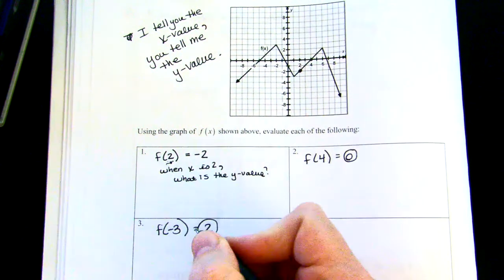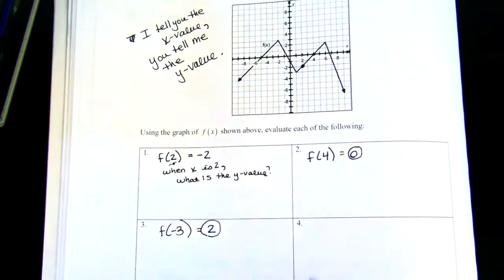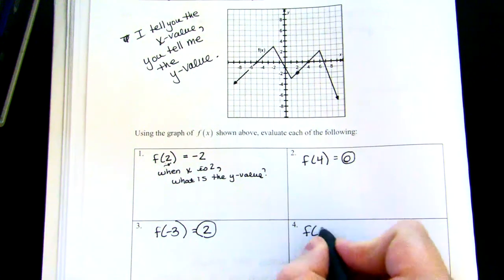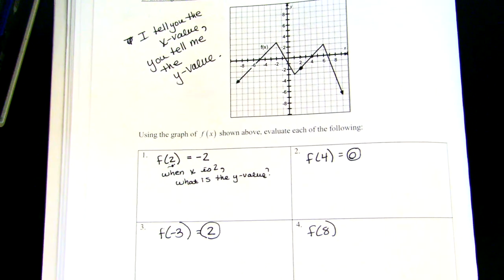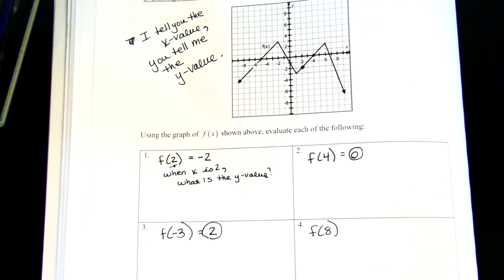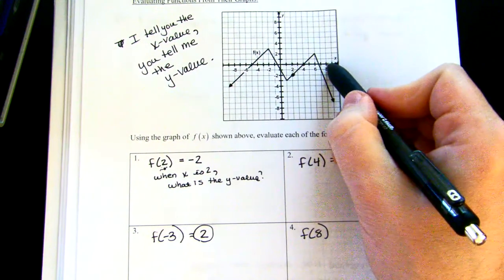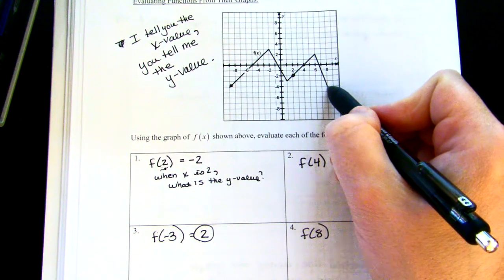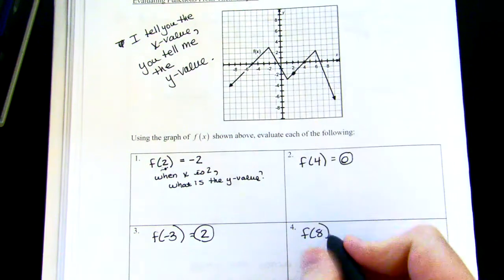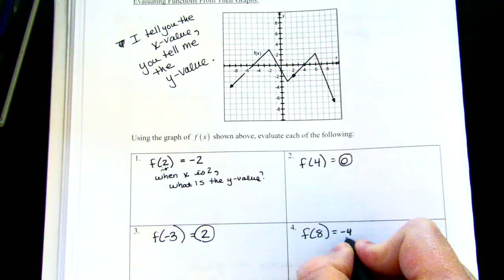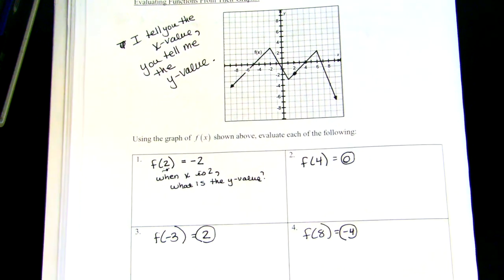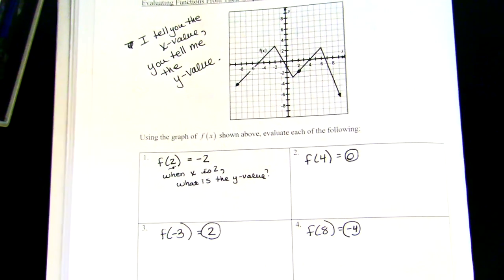F of negative 3 is 2. See if you can find f of 8. F of 8 means 8 is our x value, our y value, looking like negative 4. F of 8 is negative 4.